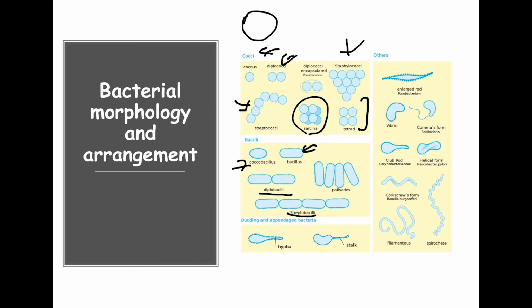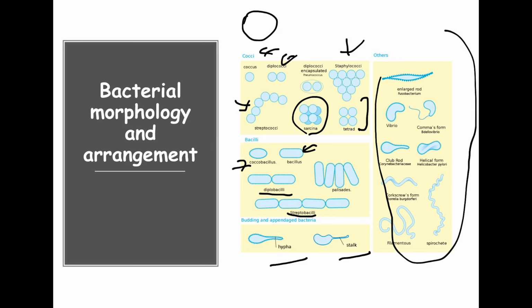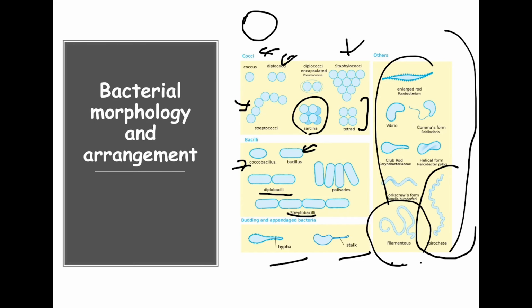We do have some bacteria that have extensions that grow out like hyphae and stalks, but we see that a little bit more, especially those hyphae in the fungi. And here are some other ones, but I just want to highlight there's some bacteria that has a filamentous structure, and we have the spirochetes, which are more corkscrew shaped, and they are very flexible in nature.